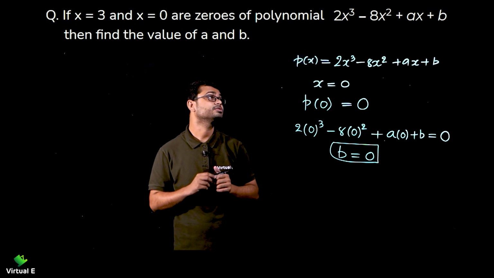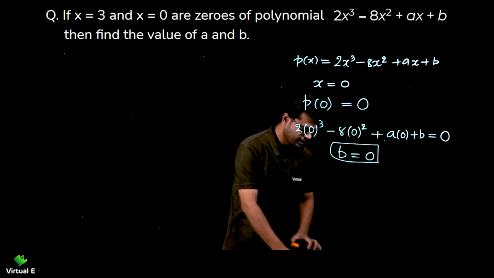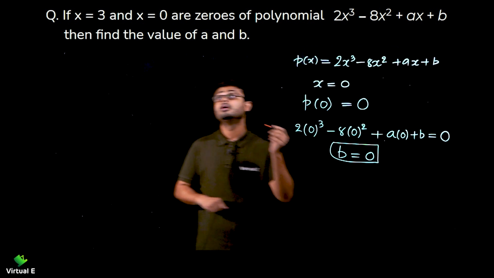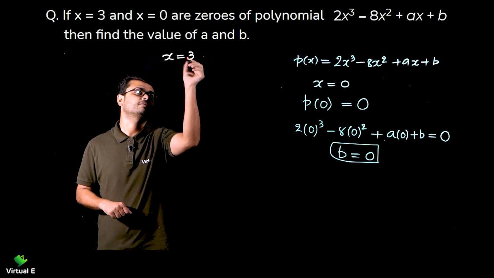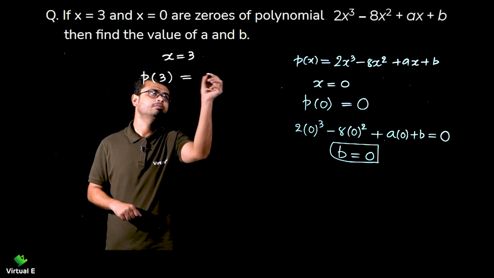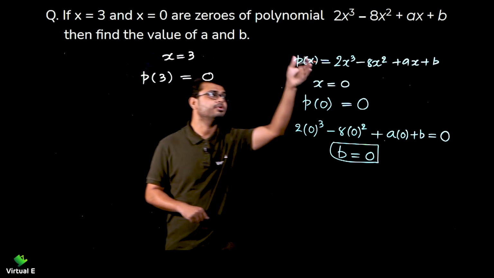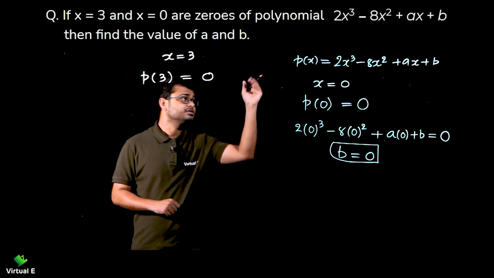Now let's move on to the second one. Here the zero is x is equal to 3. So let's start with x is equal to 3. Now here I will be writing p(3) is equal to 0. Why 0? Because if you substitute a zero into the polynomial, we are going to get 0 only, right? So let's start with the substitution.